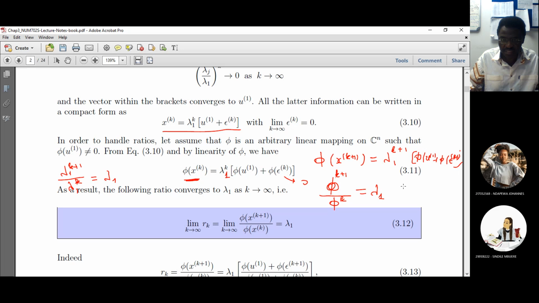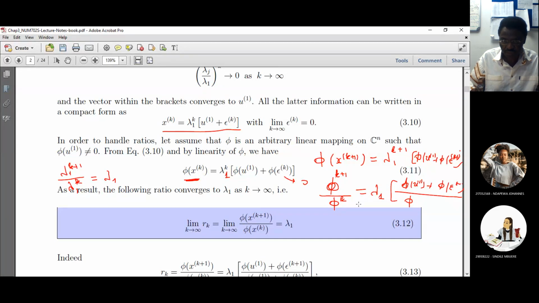You can see that here we have phi 1, plus this error term, with k plus 1, divided by the same expression.